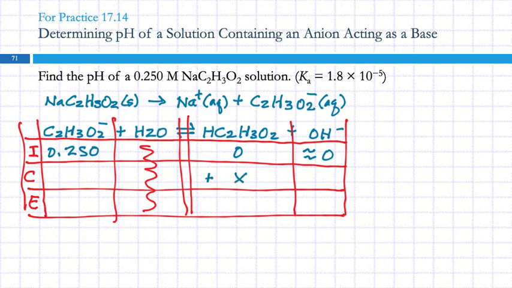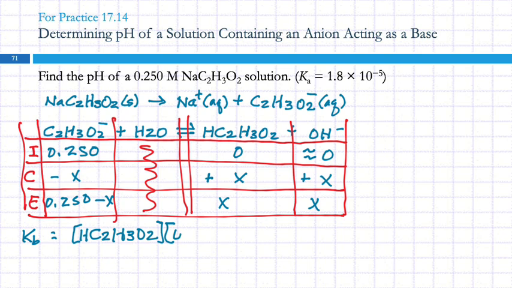So then we put in the changes, plus x and minus x. 0.250 minus x, x and x. Kb. See, writing B is just easier.